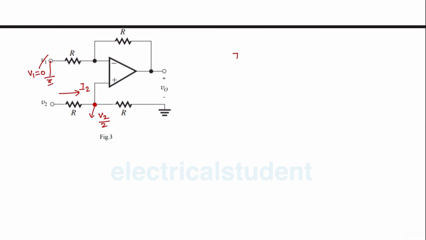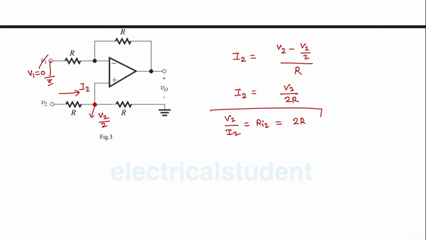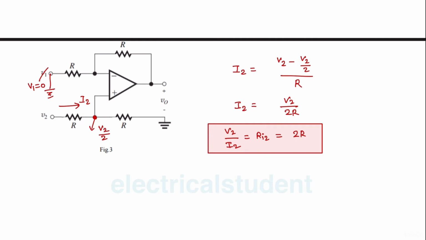So clearly I2 is nothing but (V2 minus V2 over 2) upon R, so I2 is nothing but V2 over 2R. So V2 over I2, which is the input impedance seen by voltage source 2, is 2 times R. So this is the answer for the third part.